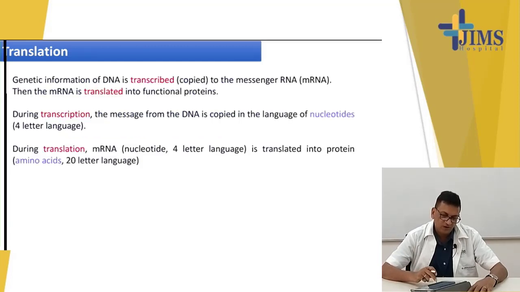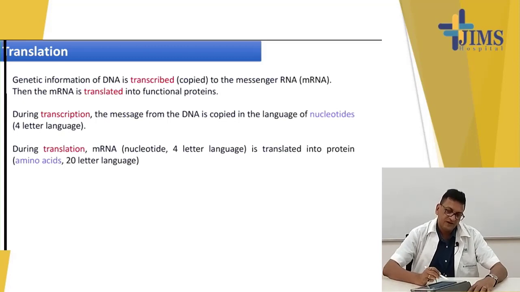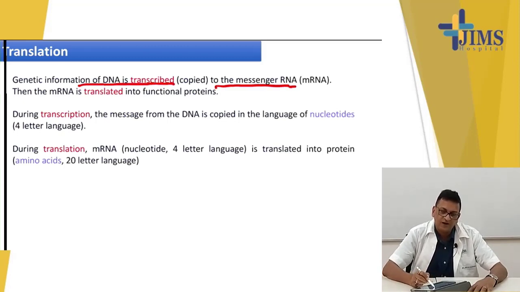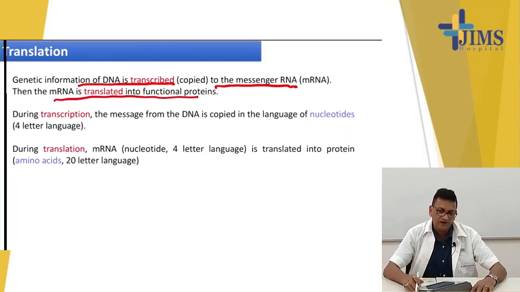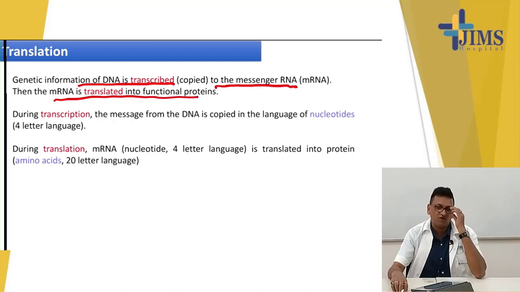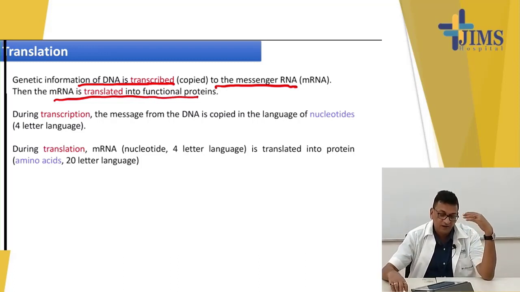Now when we talk about translation, the genetic information of the DNA is transcribed or copied to the messenger RNA, and then the messenger RNA is translated to a functional protein. The DNA sequence is decoded to form mRNA, and we are going to translate the information in the mRNA into amino acids when we read the sequence of mRNA triplet codons.